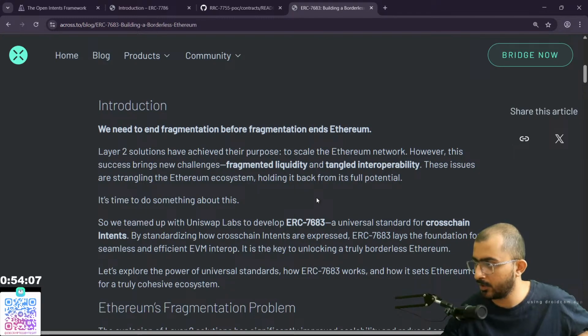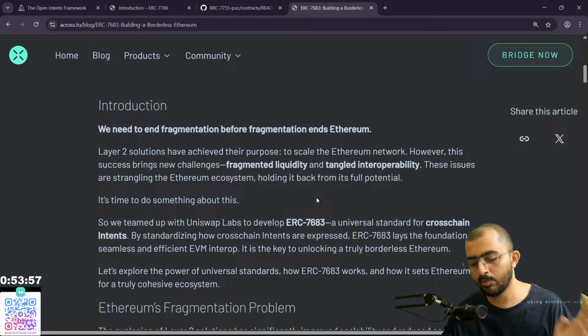So, as I talked about, we have two issues where we need assets on both chains. If you want to bridge ETH from Ethereum to Base, you can't burn it, right? You need to have ETH. You can burn it, but it's not economical.